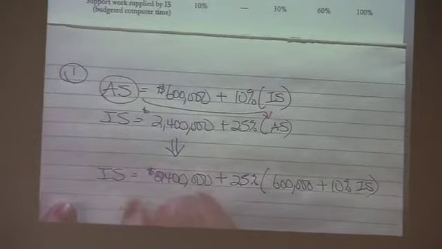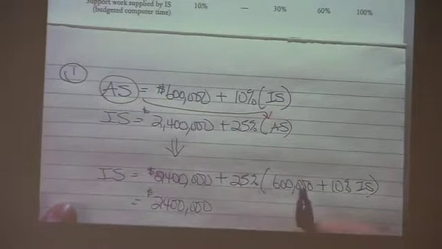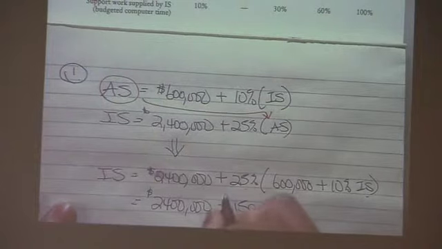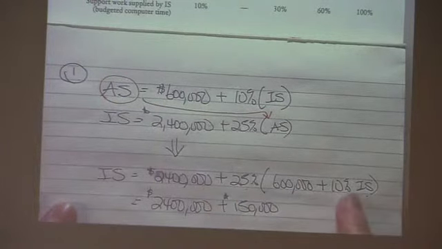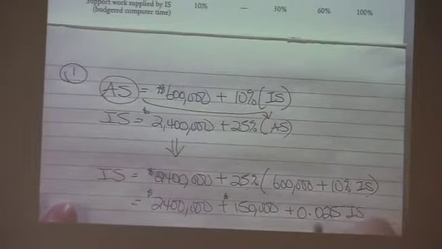Okay, so it's going to be 2.4 million. 25% of 600 is 150. And 25% of 10% is 0.025 IS, or 2.5%.